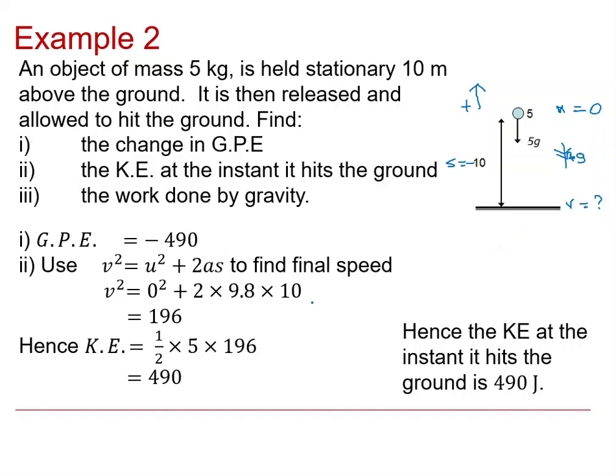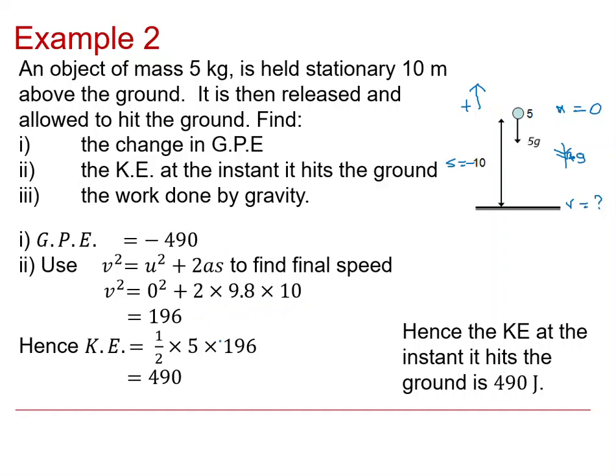So we'll get 2 times minus 9.8 times minus 10, and that really comes to the same thing if you take your positive direction as downwards, which is what I've done there. And the end result anyway, 2 times 9.8 times 10 is 196.